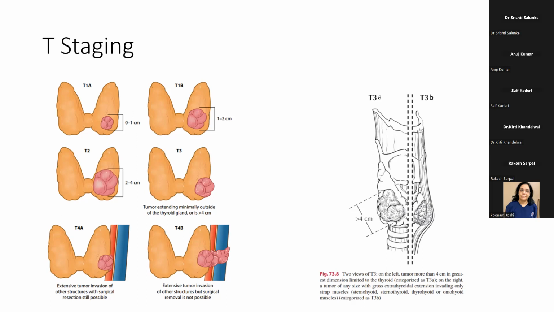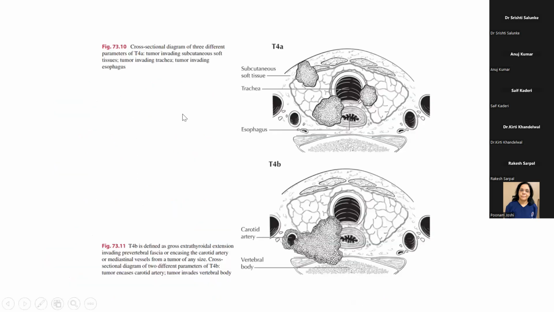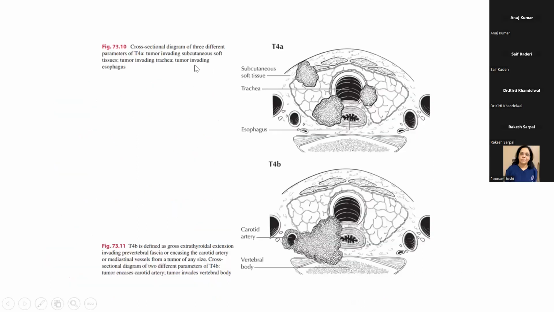Coming to T4, it is again divided into T4A and T4B. T4A is when the lesion is extensive but remains operable. And if it becomes inoperable, it becomes a T4B lesion. So we will again talk about T4A and B. This is from the AJCC 8th edition again.